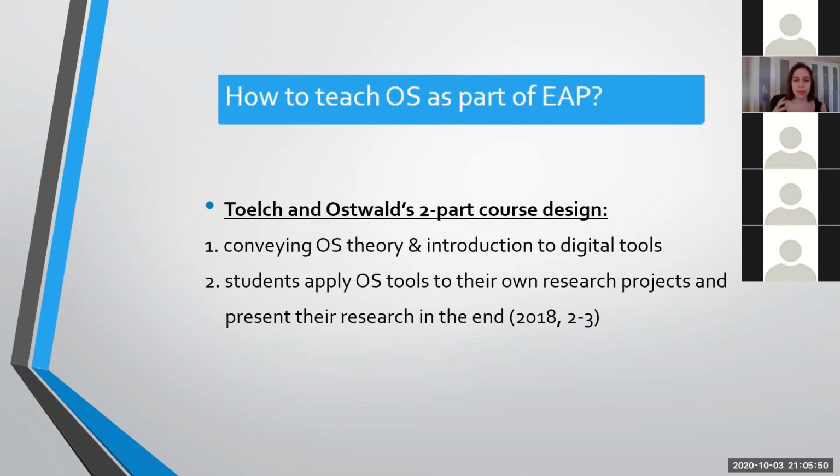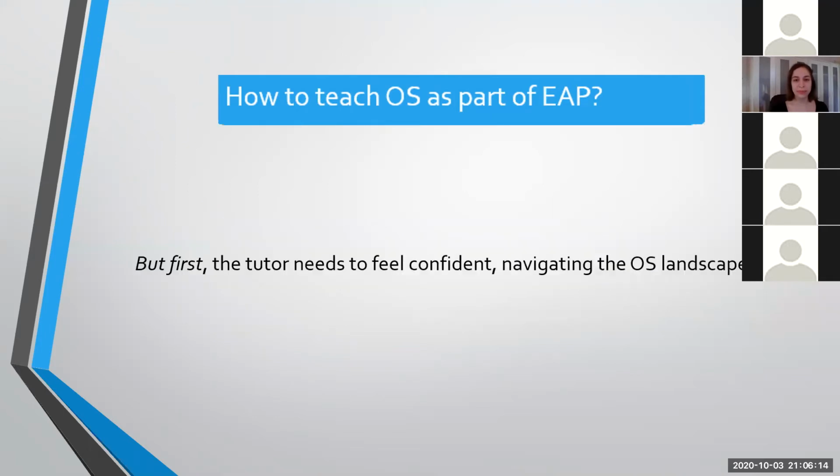And then the second step, which is the larger and more important step here, would be to give students practice in applying open science tools to their own research projects, and then having them present their research projects in the end. So this reminds us of the practice that we may already be used to doing, just that open science really plays an important part in EAP.